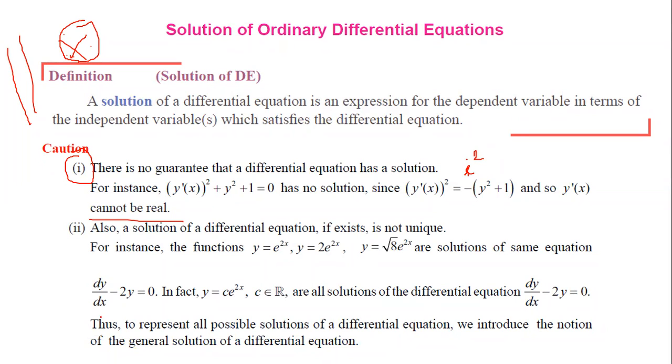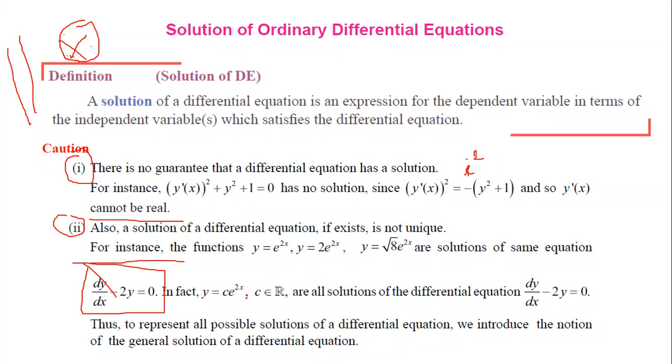Also, the second point: a solution of a differential equation, if it exists, is not unique. For instance, y = e^(2x), y = 2e^(2x), y = root 8 e^(2x) are solutions of the same equation dy/dx - 2y = 0.